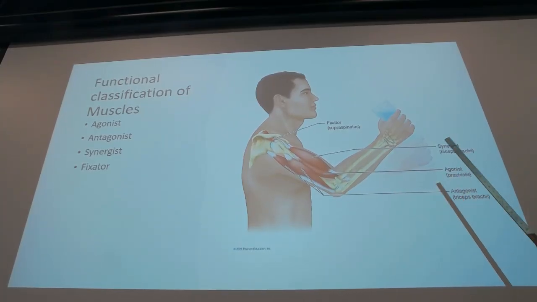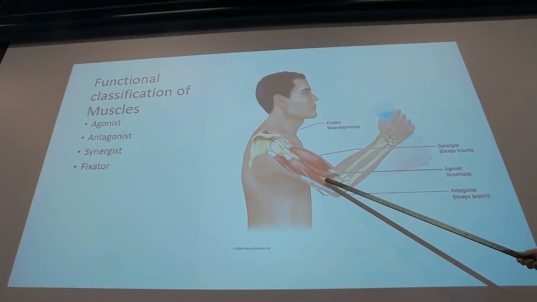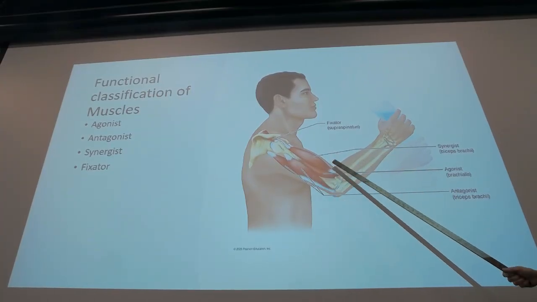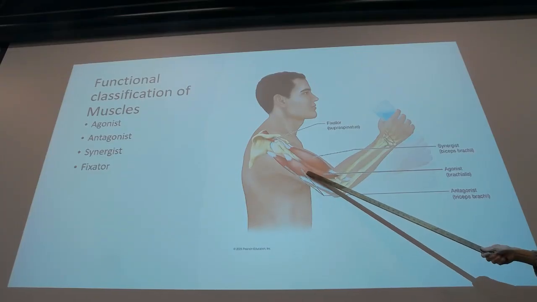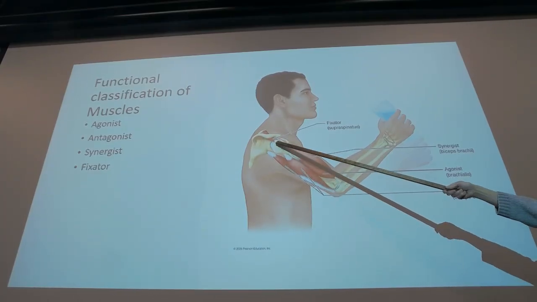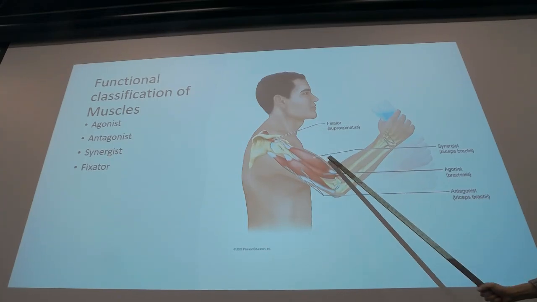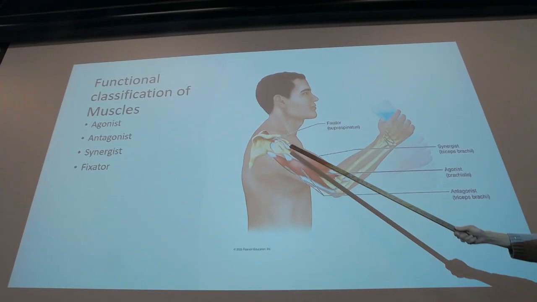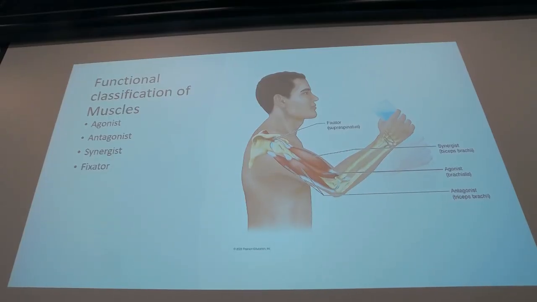They have it backwards, the names in there. And then your antagonist, once the person finishes drinking, will be the triceps brachii. But the fixator, the one that helps us to flex the elbow better, is going to be the supraspinatus.